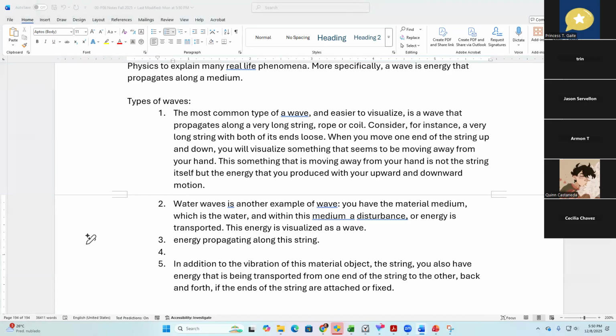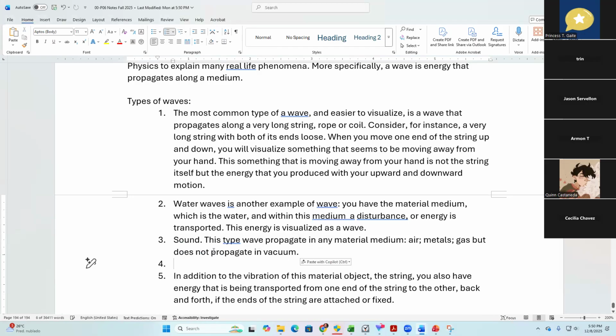Sound is another example of a wave. This type of wave propagates in any material medium, air, metals, gas, but does not propagate in vacuum.